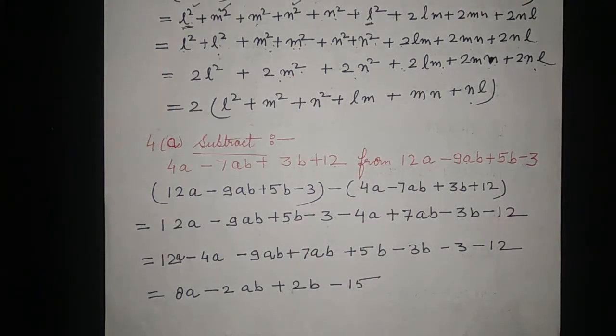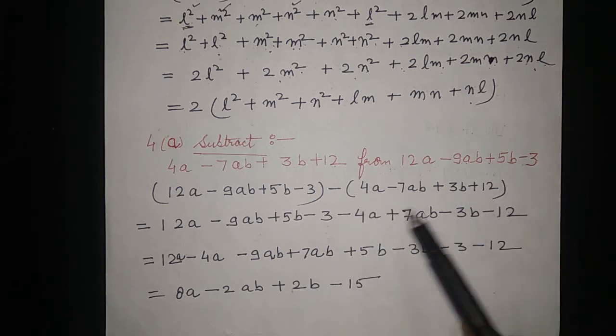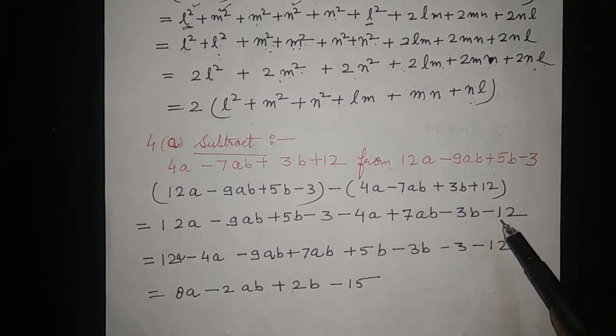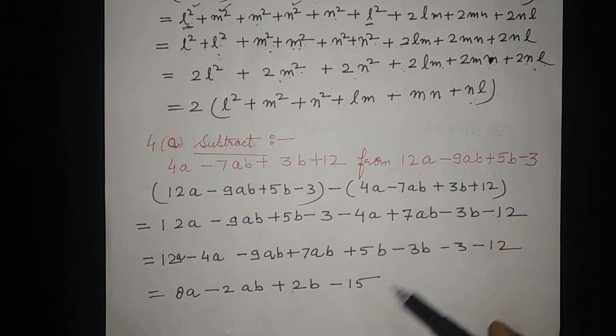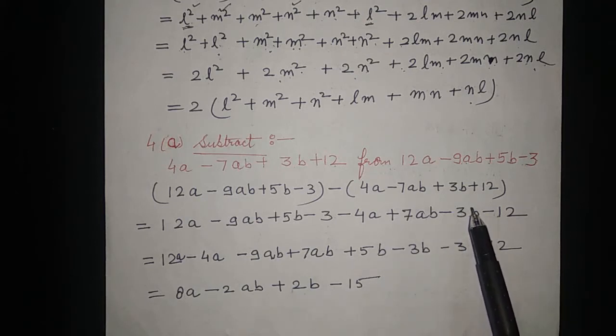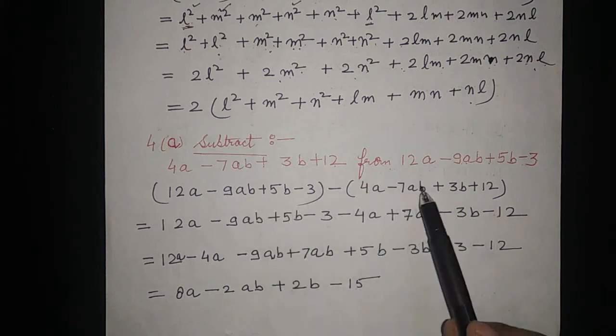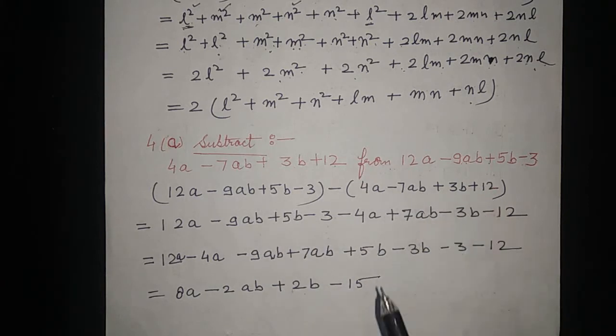This thing I have told you in the introduction of the chapter, because if you do not use the bracket, then change will not come in the sign, and if change will not come in the sign, you will not get the correct result. So always we have to keep this in our mind, that if we are doing subtraction, we will write the expression in bracket.